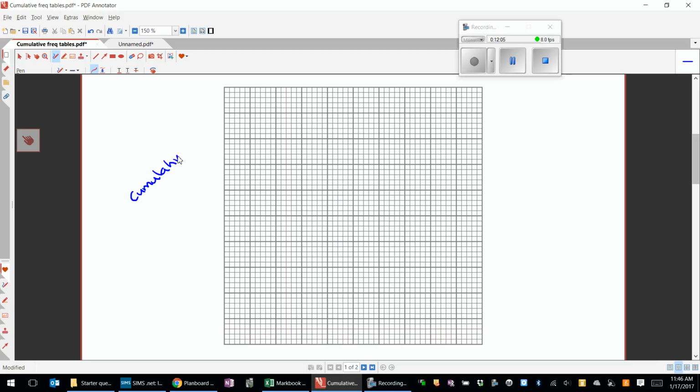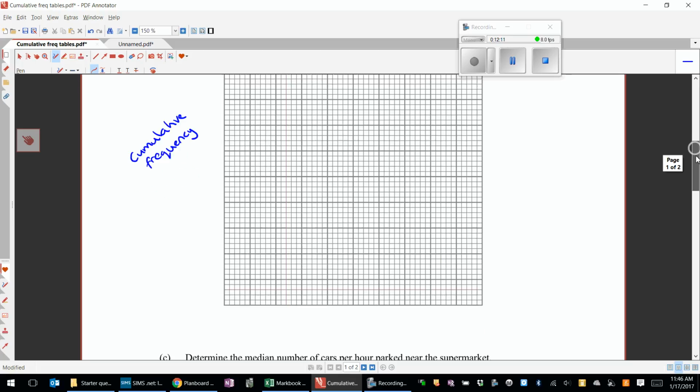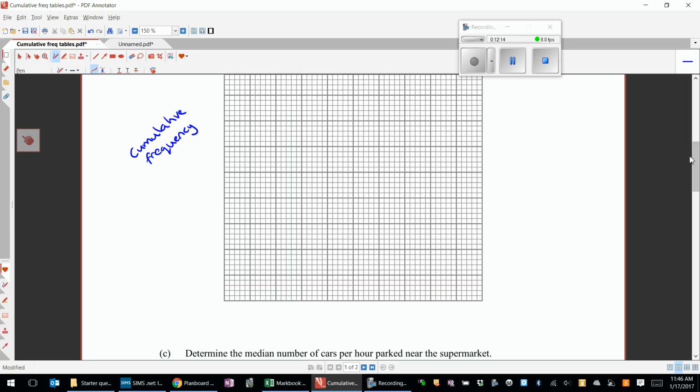That's what we put. And on the x-axis will be parked cars per hour. It does say in the question, label your diagram. Definitely label.